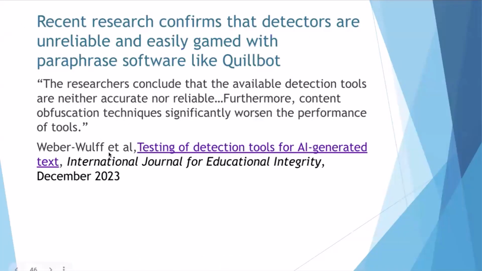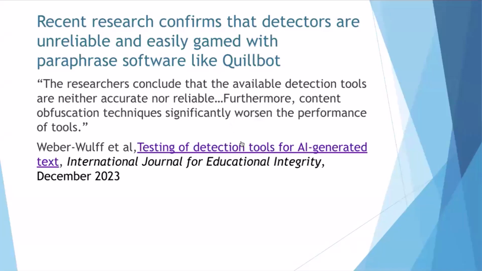And we've had research since then that confirms that. This article for the International Journal for Educational Integrity found that they tested Turnitin and several other systems like GPT-Zero and found that they were not accurate. There was a lot they didn't catch, and they did produce some false positives, which could lead to false accusations.